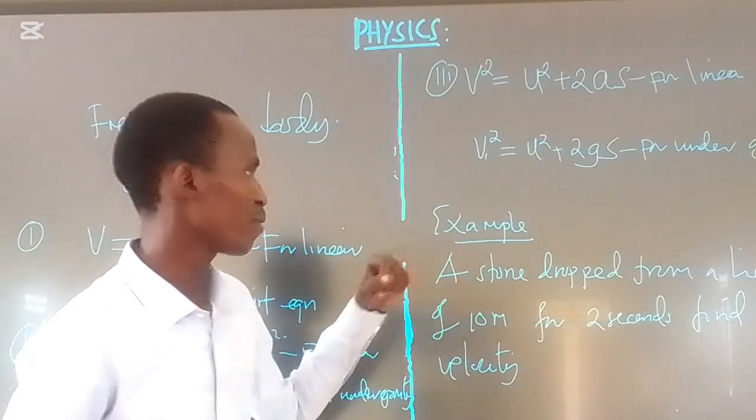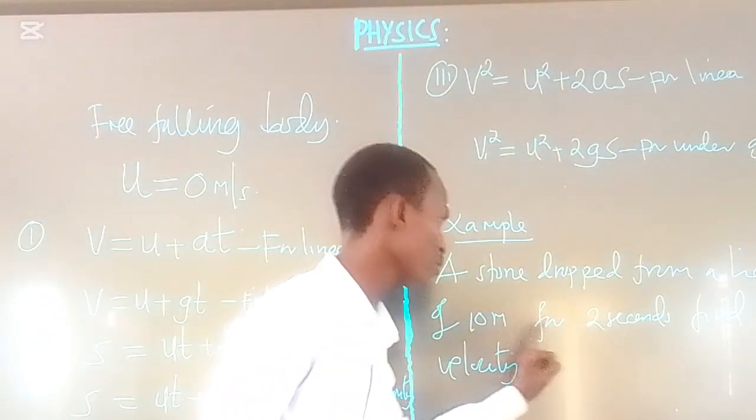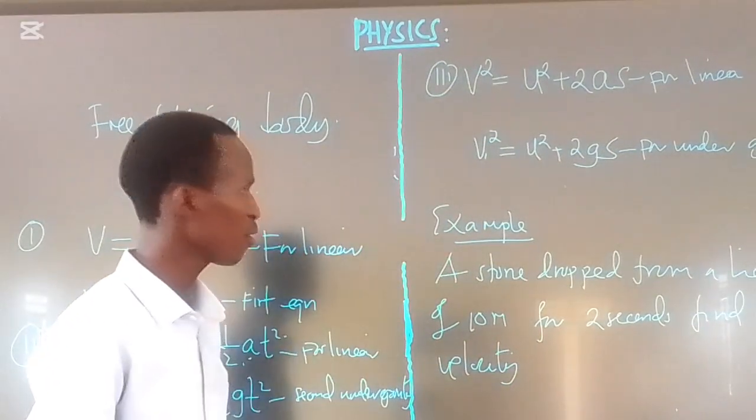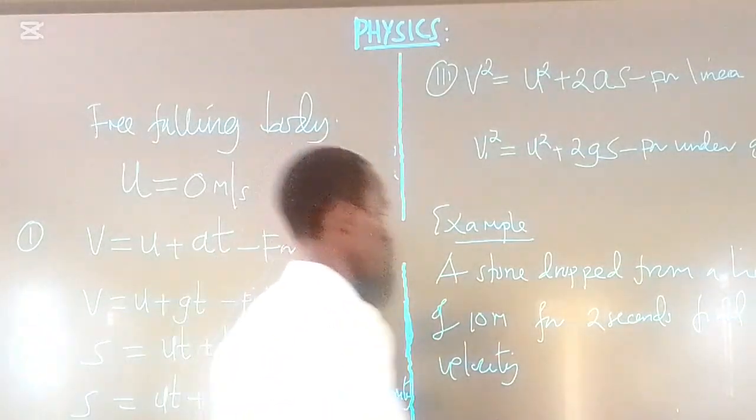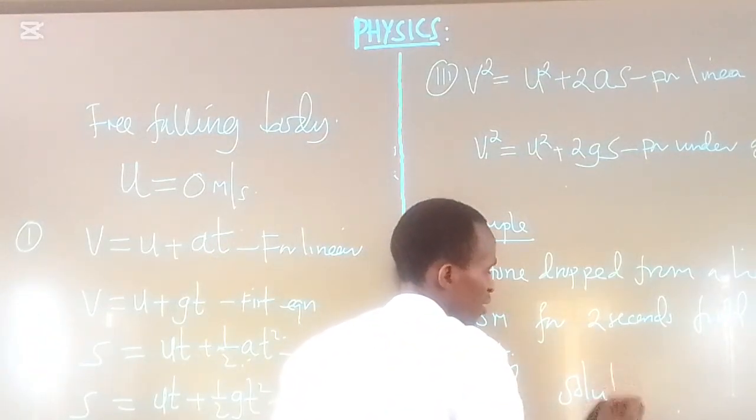A stone is dropped from 10 meters and takes 2 seconds. Find its final velocity. Come to the solution.